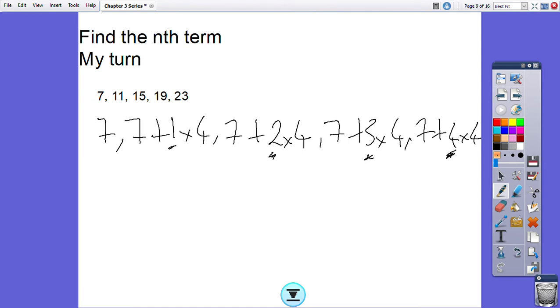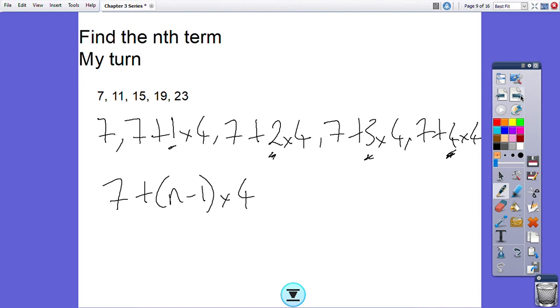So if we were looking for the nth term, then you would have 7 plus, it wouldn't be n, it'd be n minus 1, times 4. Now we could expand that bracket and simplify a bit, but for now we'll just leave it as it is, because it's useful for how we do this algebraically.